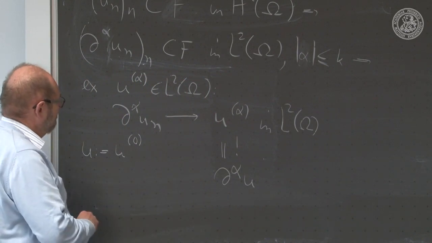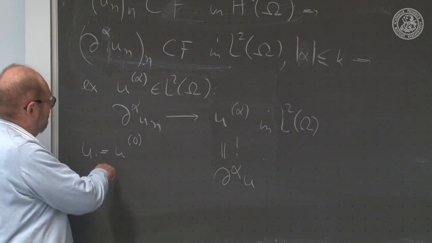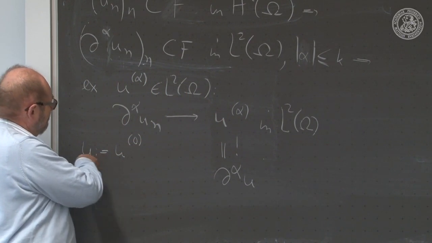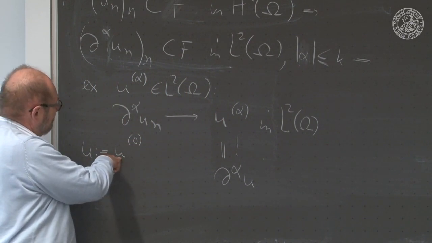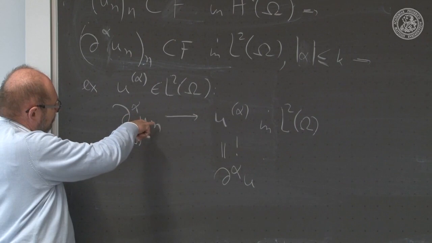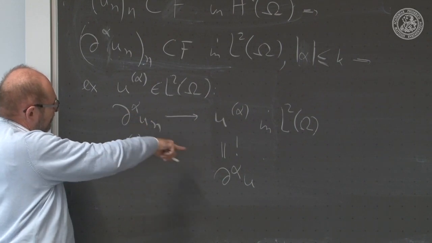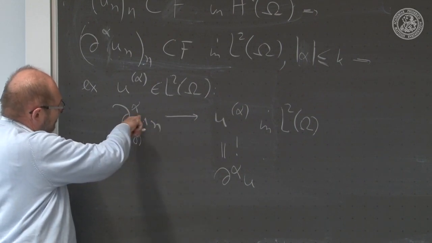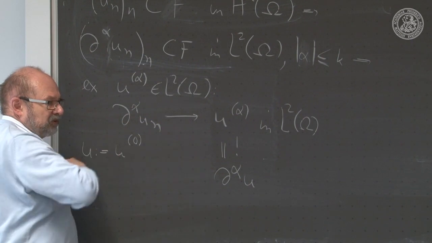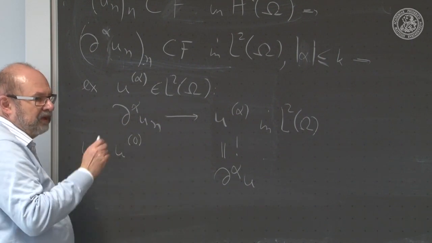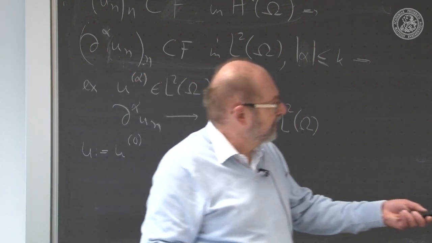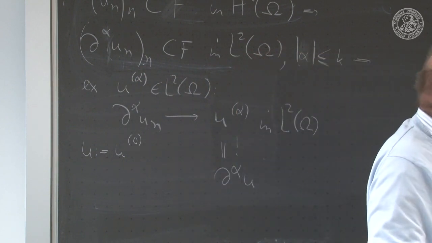If this would be the case, then this would just say, okay, I have a function. This function is the limit in L2 of the function sequence, and all their derivatives are the limit of the corresponding derivative sequences, and that means in the notion of the HK norm, there is convergence in the HK norm.